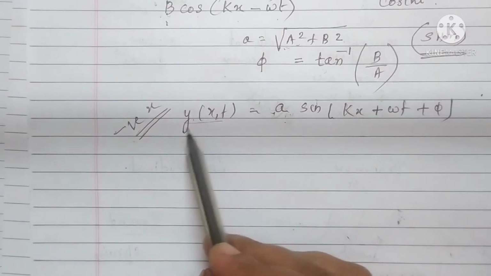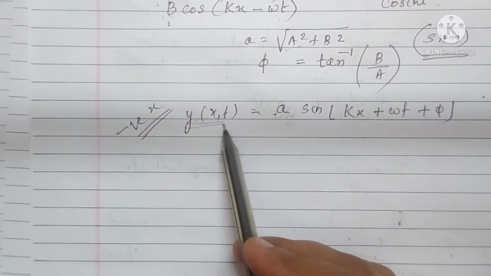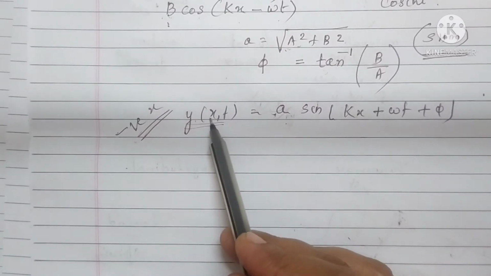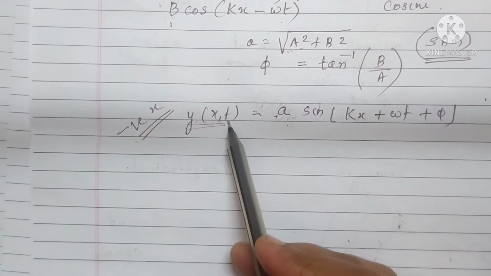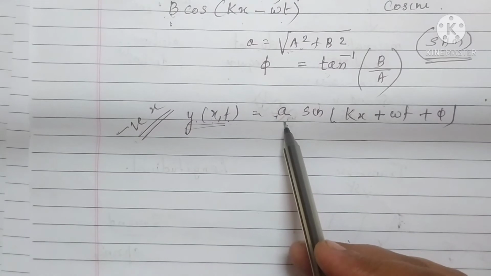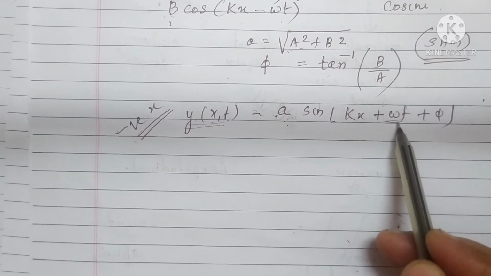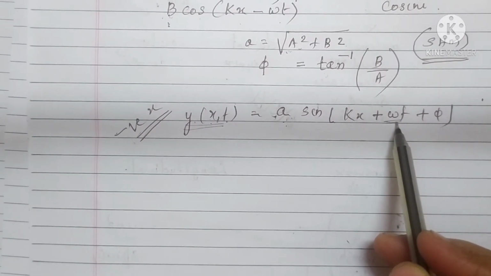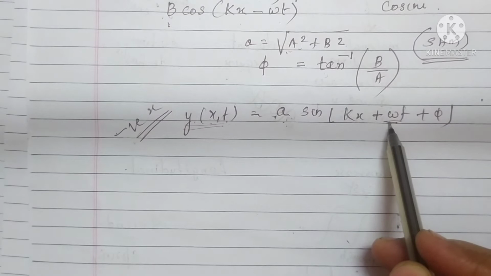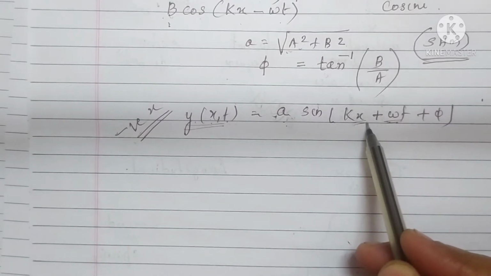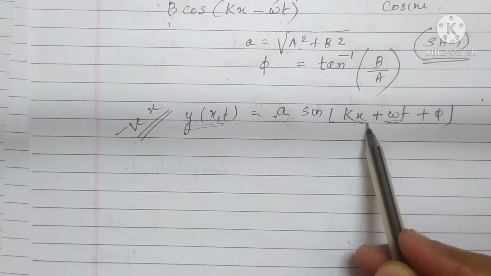Now, in this expression, once again I am explaining the terms. This y is the displacement of the vibrating particle as a function of position x and time t. A is the amplitude of the particle. Omega, you have studied, is the angular frequency. x is the position of the vibrating element.